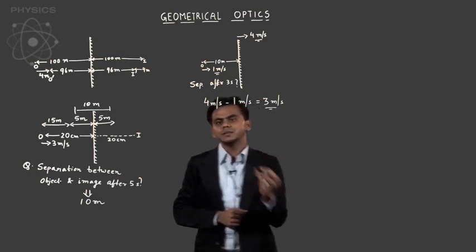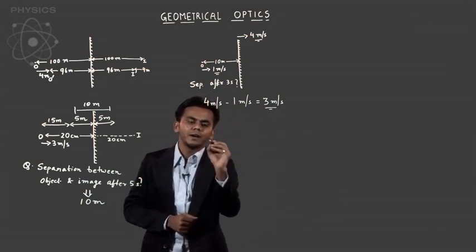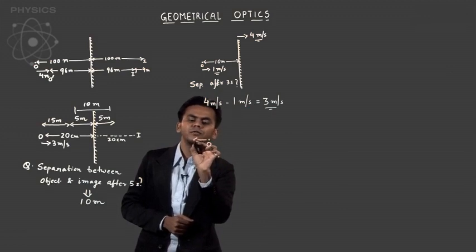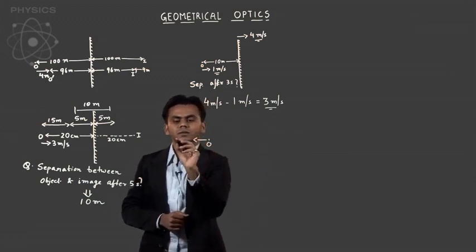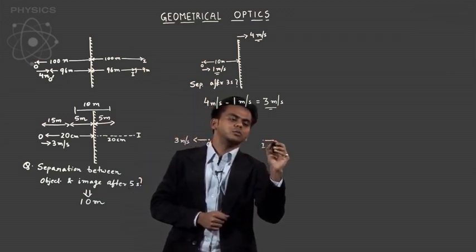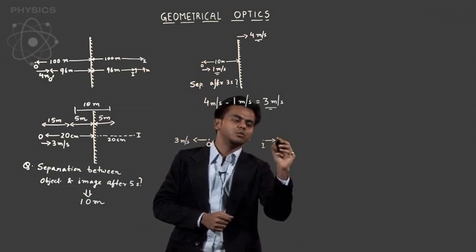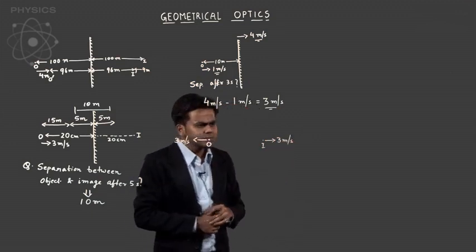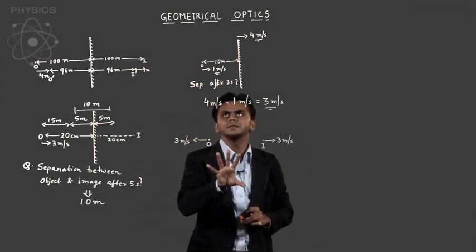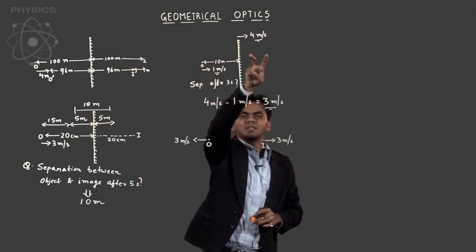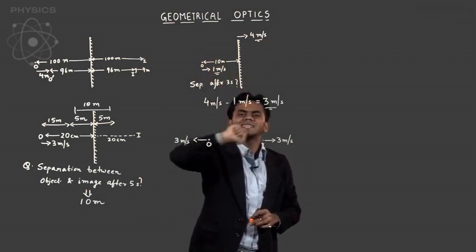So what will happen is, I'll make a simplified diagram. The object would seem to move away from the mirror with 3 meter per second, and the image over here would also move, or rather seem to move, with 3 meter per second. Initial separation between them was 10 is the object distance, so 10 would be the image distance, so 10 plus 10 is 20.